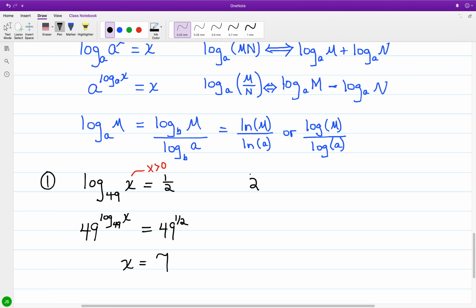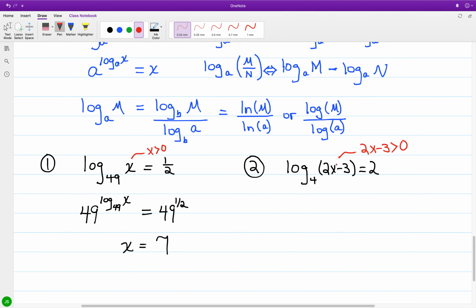Now, for what we have in the second item, we have a base 4 logarithm of the quantity of 2x minus 3 is equal to 2. And whatever we have, okay, for x, we want the attachment to be a positive value. And looking at what we have now, earlier we had the base 49 logarithm of x.